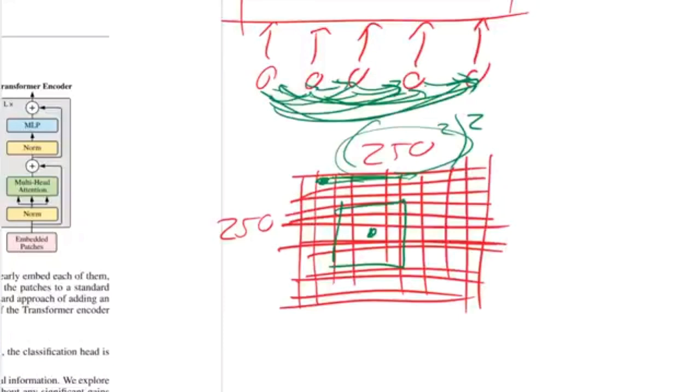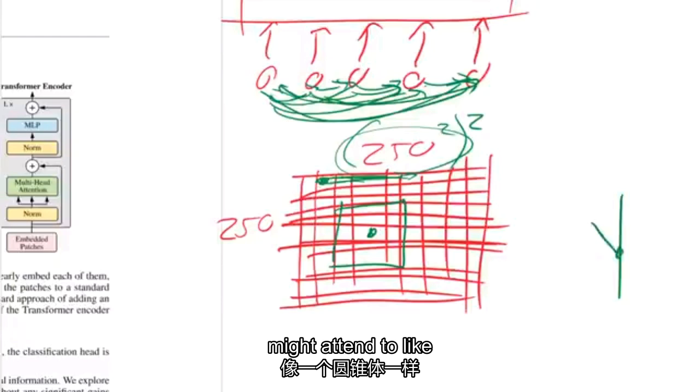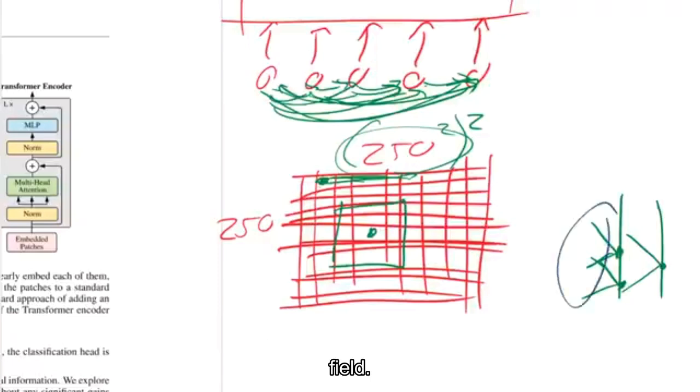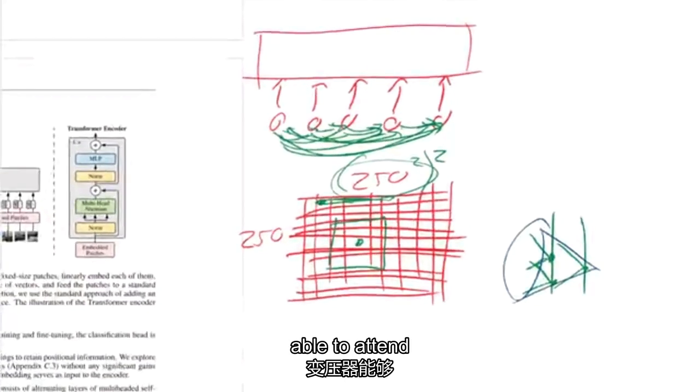So the first layer, this part might attend to a cone around itself, and then in the next layer, the thing that attends in the same cone will have a larger effective receptive field, right? So the receptive field grows by depth. However, transformers are able to attend within a single layer to everywhere.